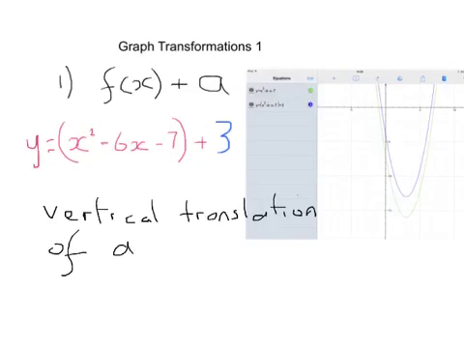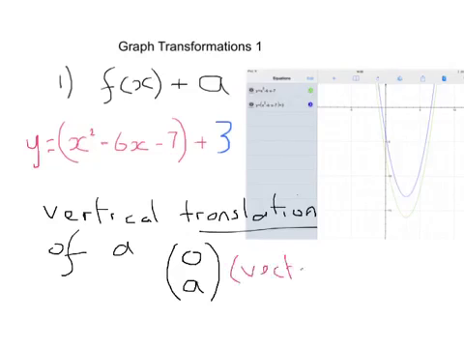And you may have seen the translation idea when you did your previous schooling. It could be written in vector form, so we have our x shift on top and our y on the bottom. So this would be a shift of, in vector form, (0, a). So that would be if we're doing it by vector notation.